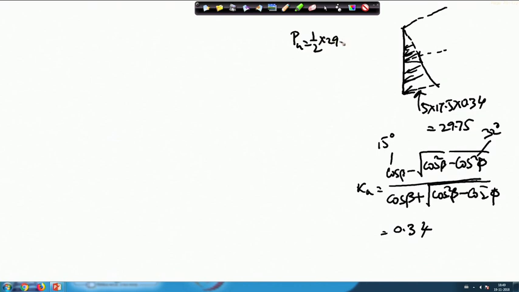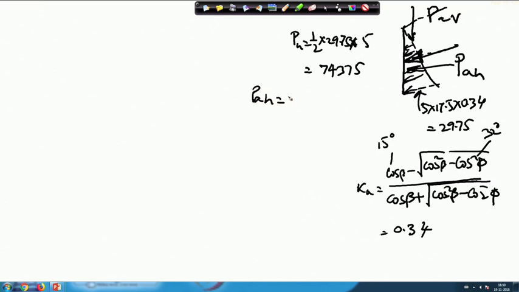And then I can find PA, the active pressure, equal to half multiplied by 29.75 multiplied by 5, which becomes 74.375. It is acting at some angle, so I can resolve this into vertical and horizontal components, PAH and PAV.